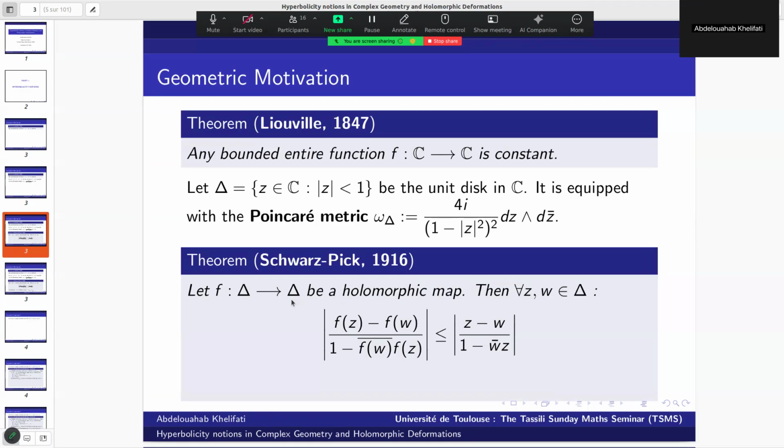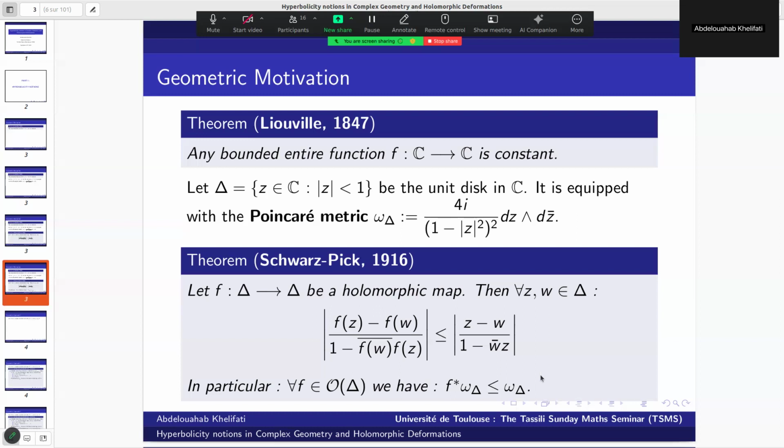So, if we take the limit as w goes to z, we get that the derivative of f at the point z divided by 1 minus the modulus of f(z) squared is less than or equal to 1 over the same quantity in z, not in f(z). Basically, it means that the pullback of the Poincaré metric is less than or equal to the Poincaré metric itself, meaning that any holomorphic map is actually distance decreasing.